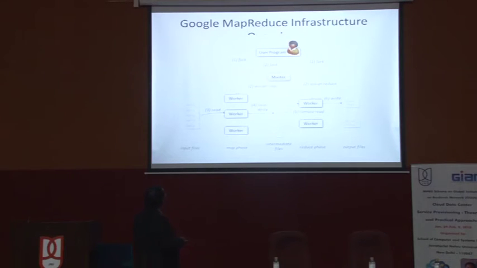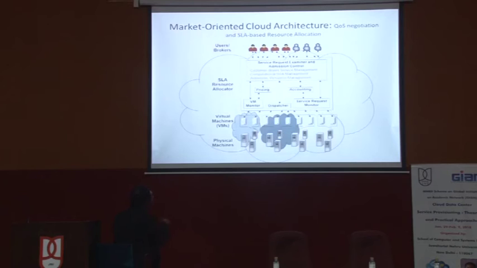This is again with MapReduce, which I already talked about. This slide is supposed to be before this slide. Forget about market-oriented cloud, but the cloud architecture, this cloud architecture, we actually developed it in 2012, and we still use this. The first paper we published with Raj Kumar and a PhD student.